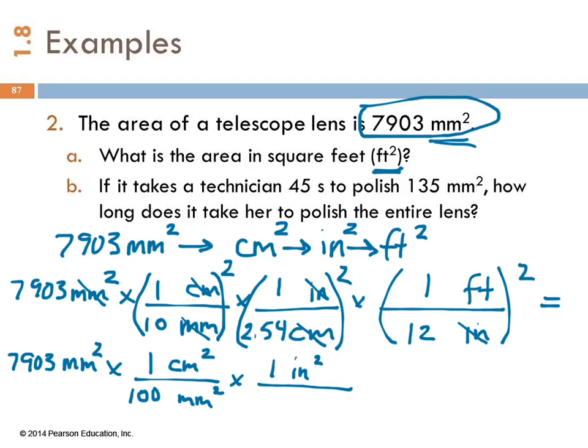On the bottom, I need to do 2.54 squared, which is 6.4516 square centimeters. And then over here, I'm having 1 square foot and 144 square inches, because 12 squared is 144. Units are canceling.